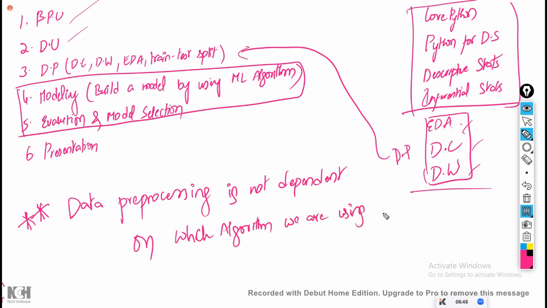The entire data pre-processing is not dependent on which algorithm we are going to use. Whether it is linear regression or anything else, the data pre-processing remains the same.